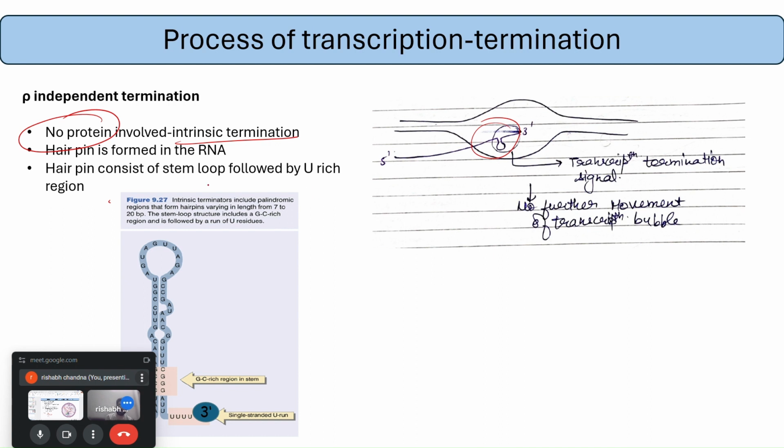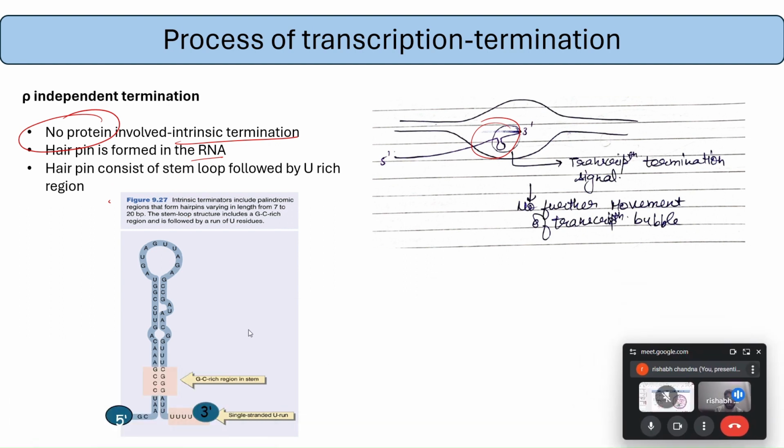A hairpin is formed in the RNA, and it consists of a stem loop followed by a U-rich region. So here is the structure of the hairpin that we are talking about. This is a GC rich region that has complementary base pairing upon itself, and this is a stem loop kind of structure that is formed, followed by a U-rich sequence.